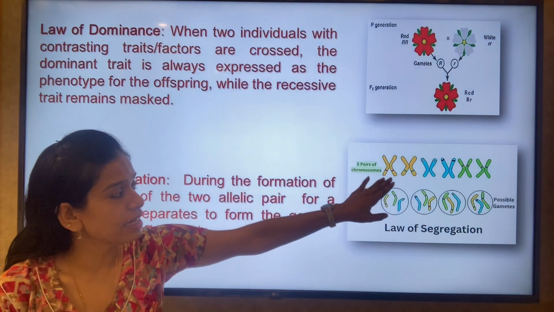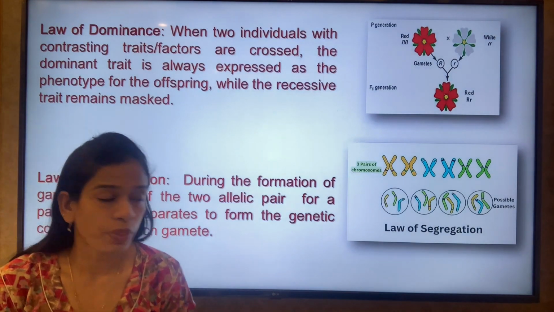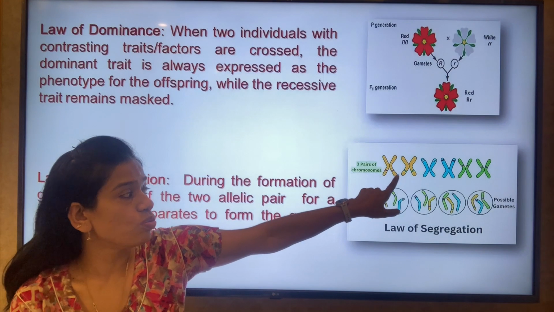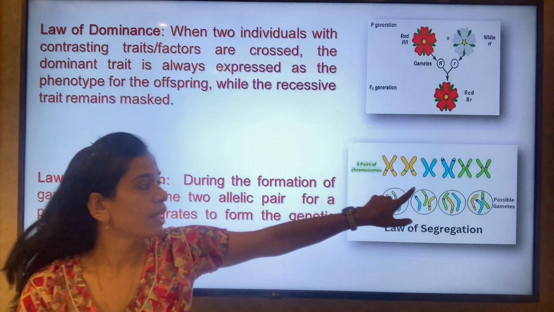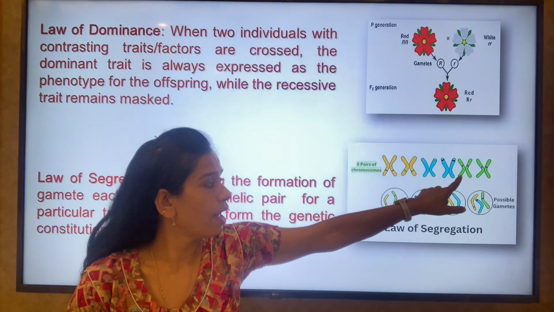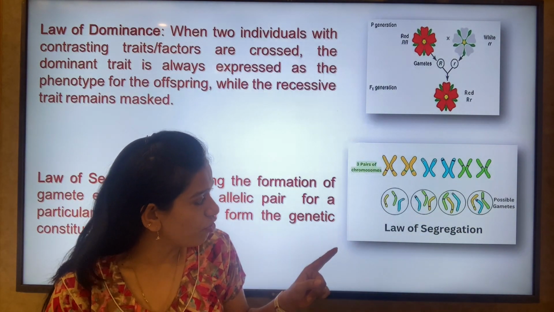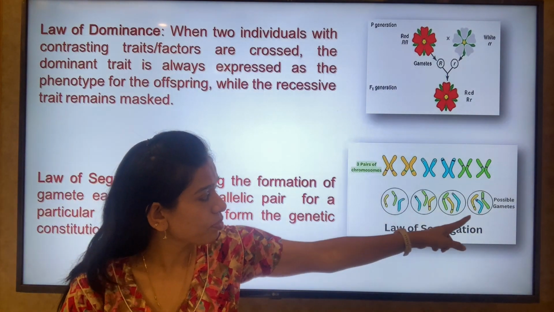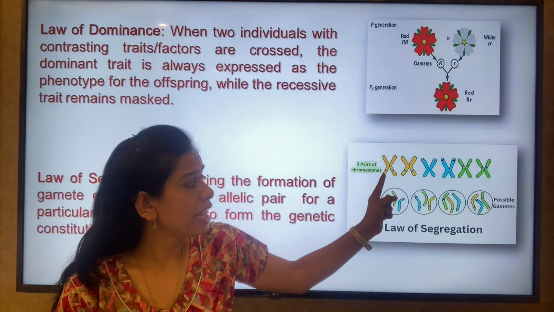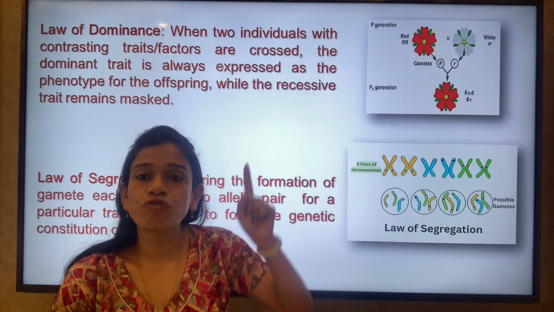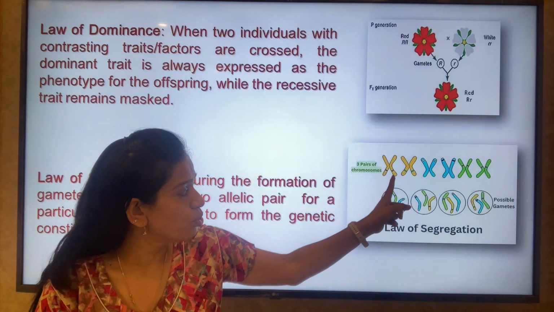See, supposedly here there are 3 pairs of chromosomes. You can understand the situation. Now, yellow is 1 pair, blue 1 pair, and green 1 pair. Now you see, when the gametes were formed, 1 pair means 4 strands are there: 1, 2, 3, 4.